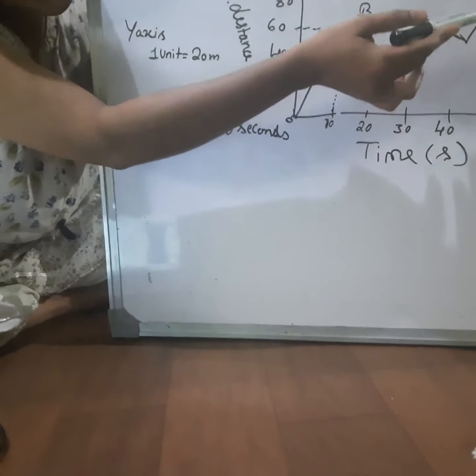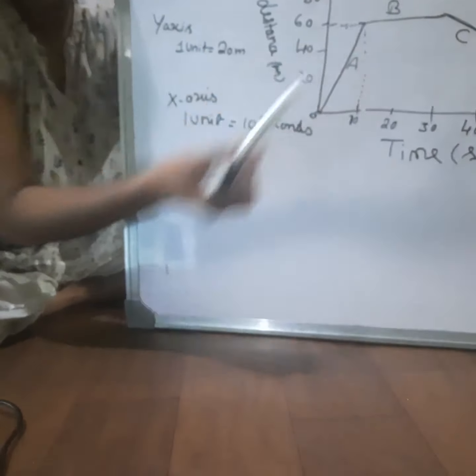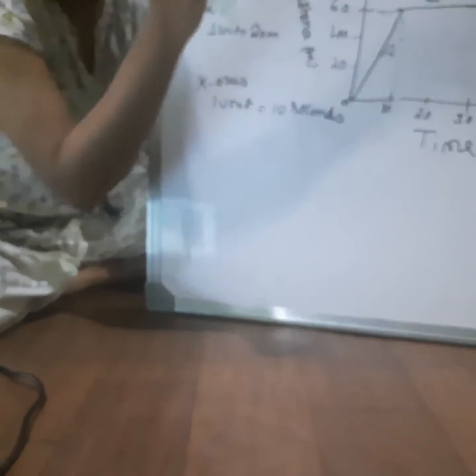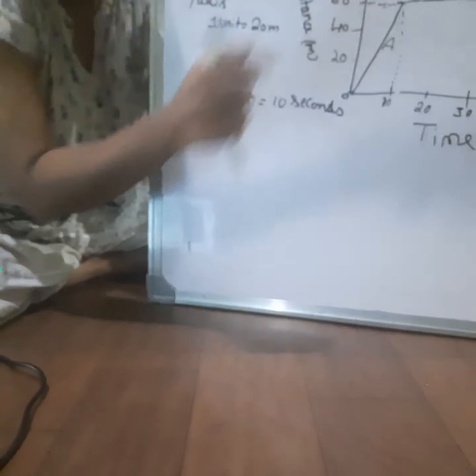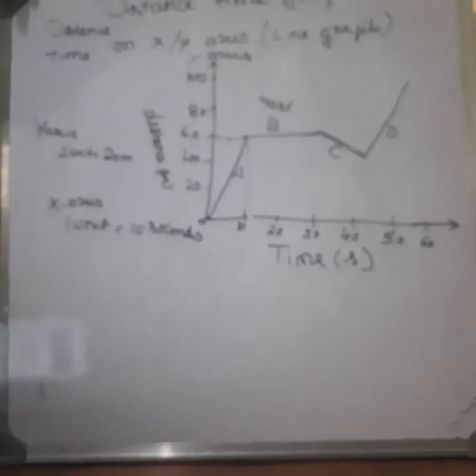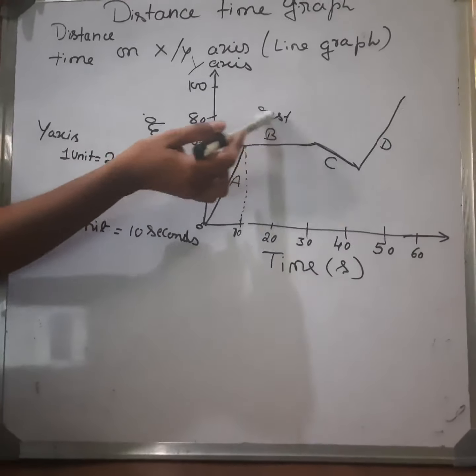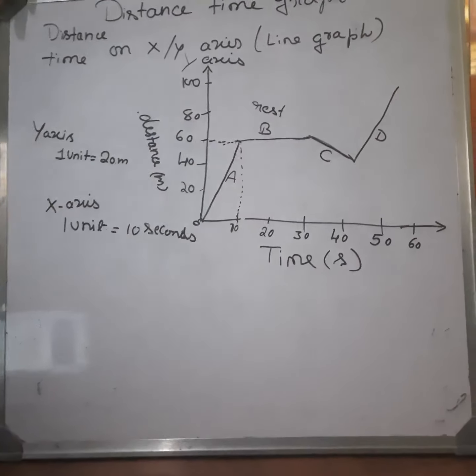So sections A and D can be considered a positive direction, whereas C can be considered a negative direction. The second question has also been answered now. Let's move on to the third question. In which section is the object at rest? The answer is section B.